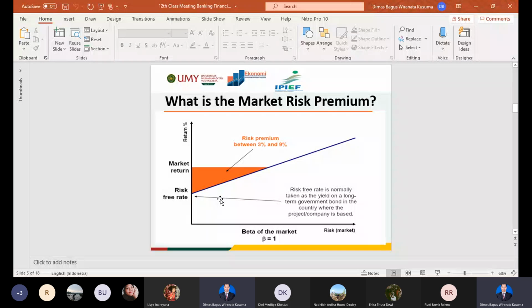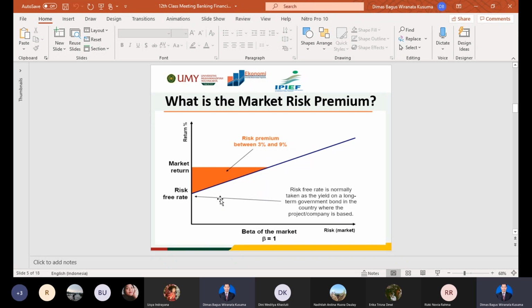But differently, if you hold an asset that is not government debt, for example stocks, I think everybody here has understood about stocks. Stocks are considered not a risk-free asset but a fluctuating asset.